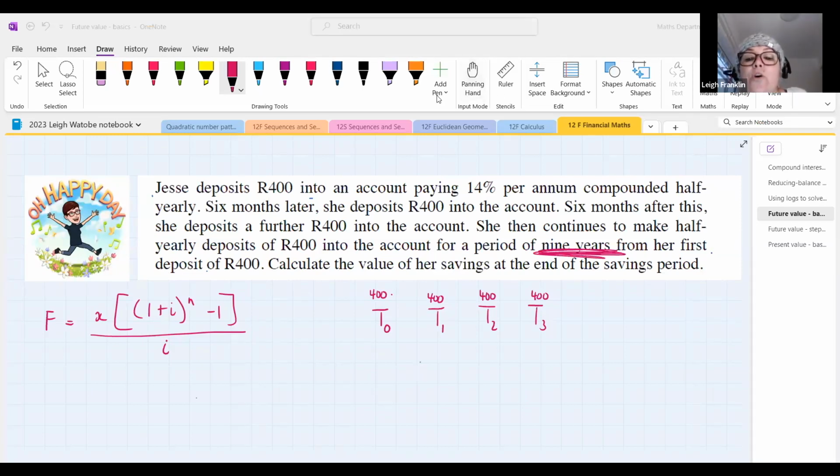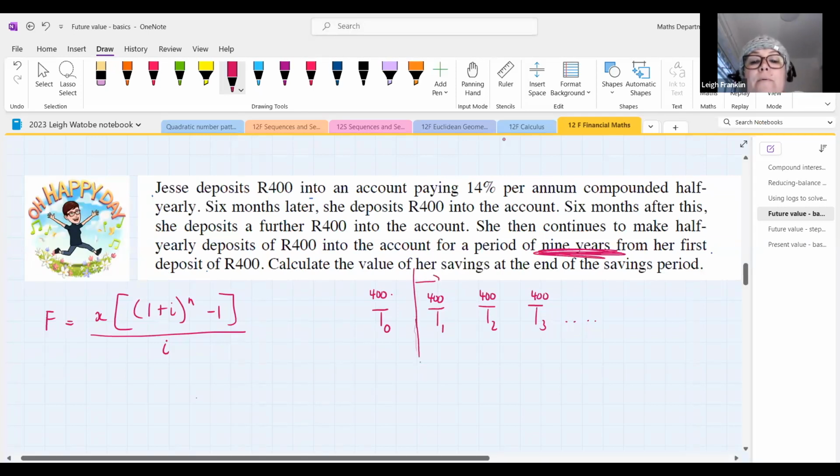Okay. So now we need to think about, all right, how many deposits of 400 Rand has she made? Now, they are implying that from this point onwards, she continues to make half-yearly deposits for a period of 9 years after her first deposit. Okay, so here is her first deposit of 400 Rand.